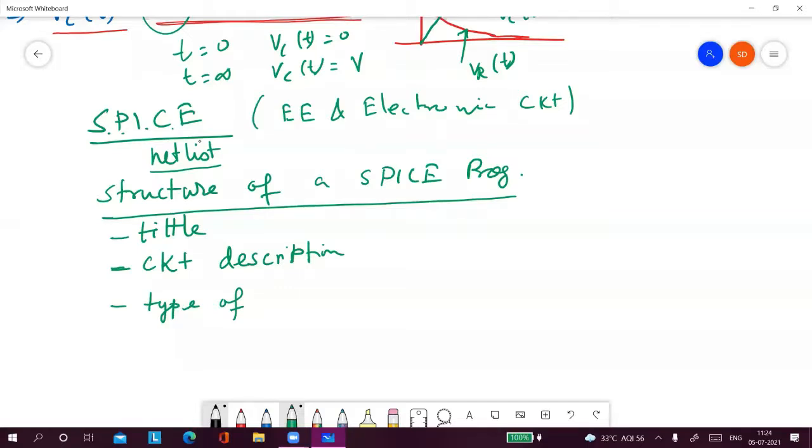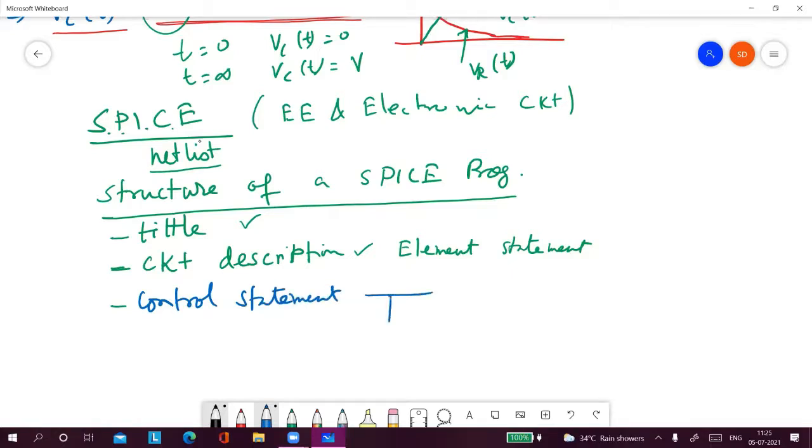First the title statement, then the circuit description statement, that is the element statement. Then we'll write the control statement.